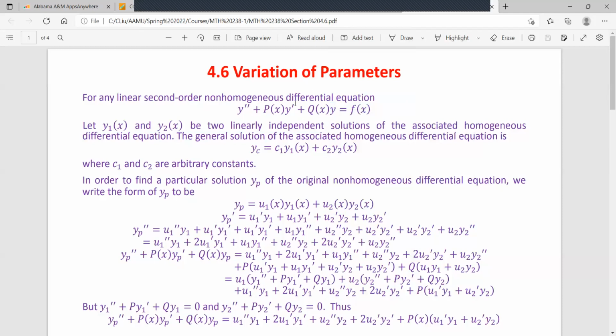Specifically here, we're talking about a second order linear differential equation.